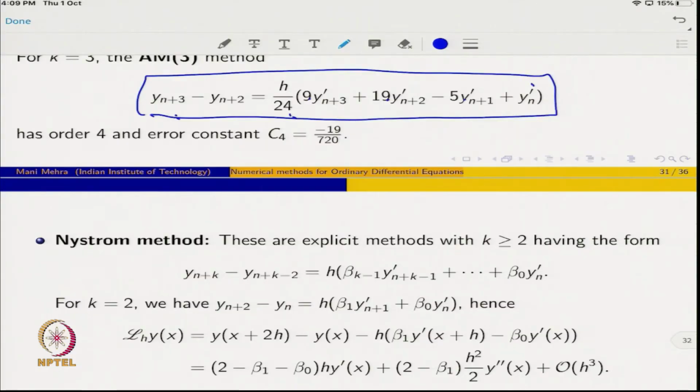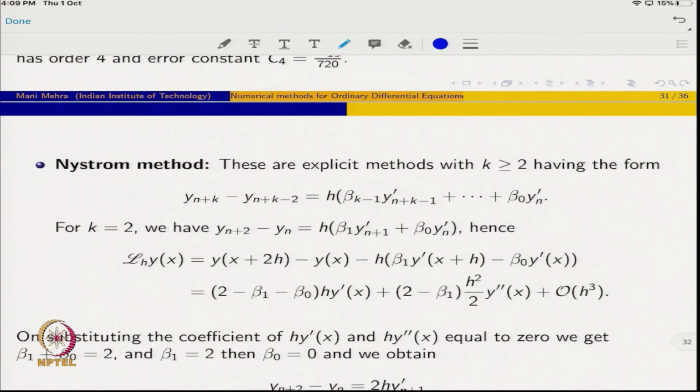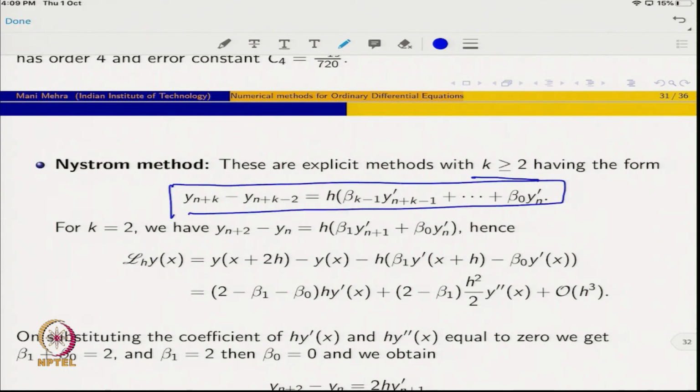And the next is the Nystrom method. These are explicit methods with k greater than or equal to 2 having the following form. Again, as I have already mentioned, k should be greater than or equal to 2. So, for k is equal to 2 we will have the following form.